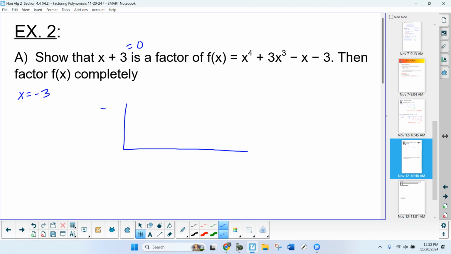So what goes on the outside? What goes on the inside, watching for holes? 1, 3, 0, just 1, 0, negative 1 and negative 3, because I have x to the fourth, 3x to the third, no x squareds, minus 1x, minus 3.